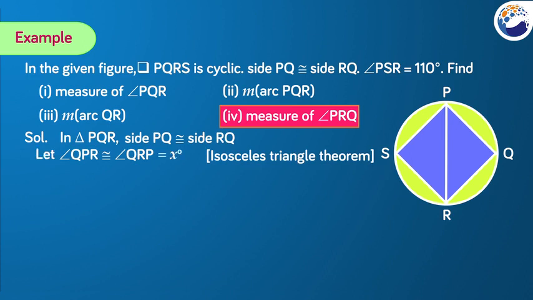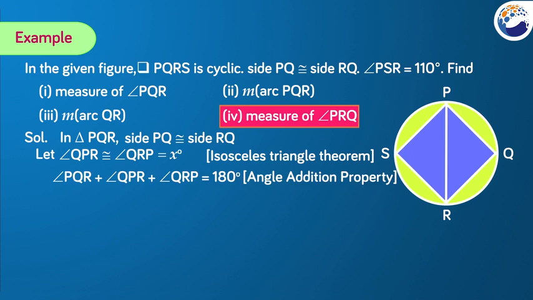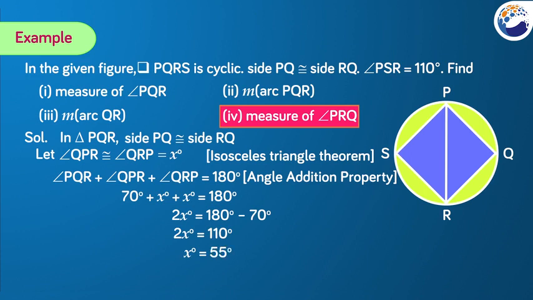Angle PQR plus angle QPR plus angle QRP is equal to 180 degrees, by the angle addition property. 70 degrees plus 2x degrees is equal to 180 degrees. 2x degrees is equal to 180 degrees minus 70 degrees. 2x degrees is equal to 110 degrees. x degrees is equal to 55 degrees. Therefore, angle PRQ is equal to 55 degrees. Equation 4.